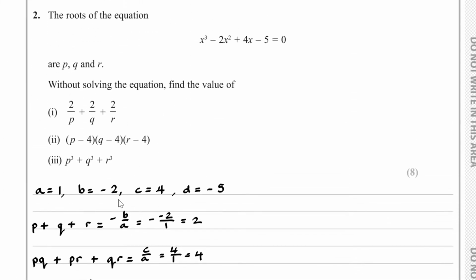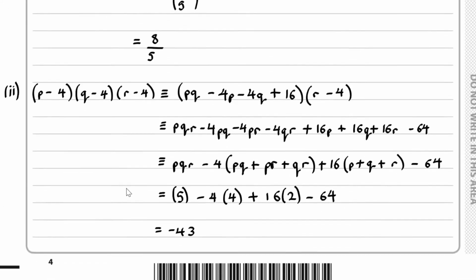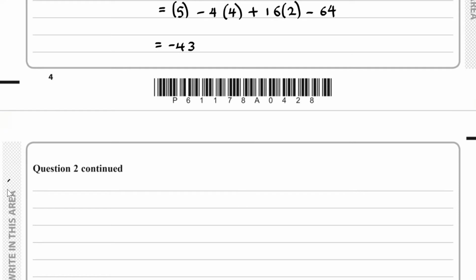And finally, we have to work out p cubed plus q cubed plus r cubed. Well, this is the same as a standard result, which you should know.